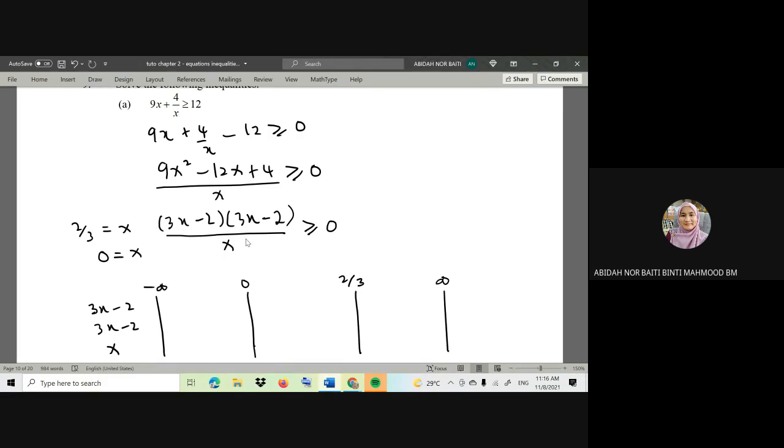At equal sign here, kat sini ada equal sign. So equal only for value of x of numerator sahaja. So inilah we use then circle.